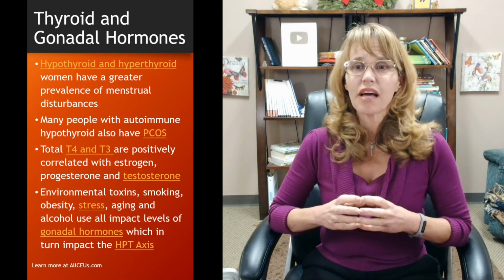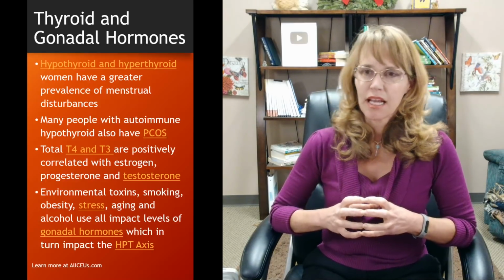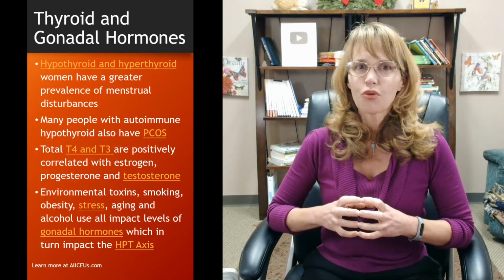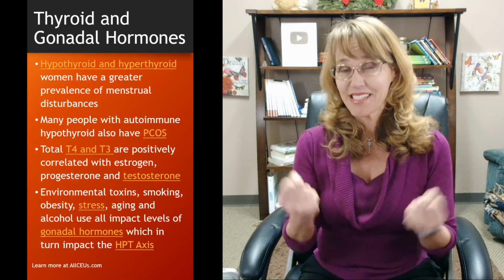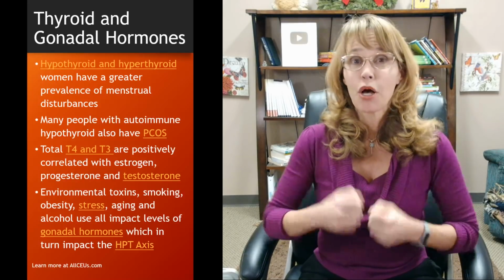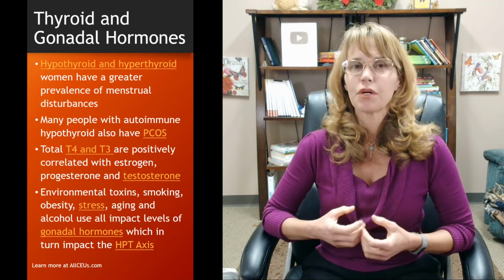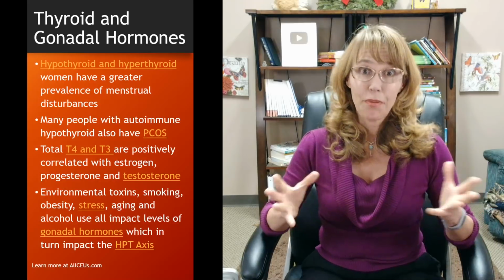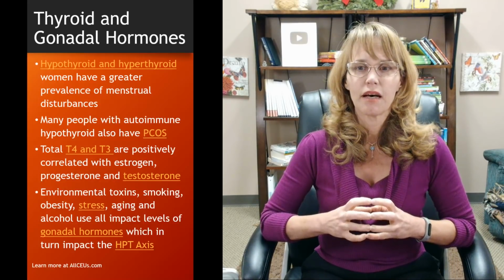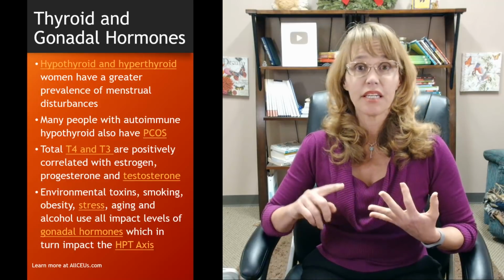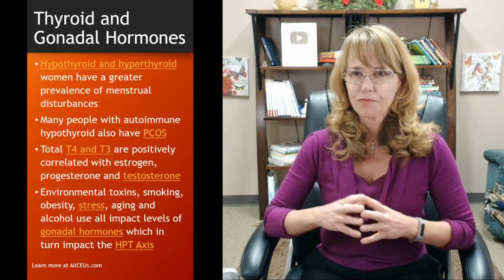Hypothyroid and hyperthyroid women have a greater prevalence of menstrual disturbances. It's important to recognize that. Thyroid hormones impact gonadal hormones and vice versa. But people who have hyperthyroid, for example, and hypothyroid, may experience more difficulty with erratic periods or difficulty with libido or getting pregnant.